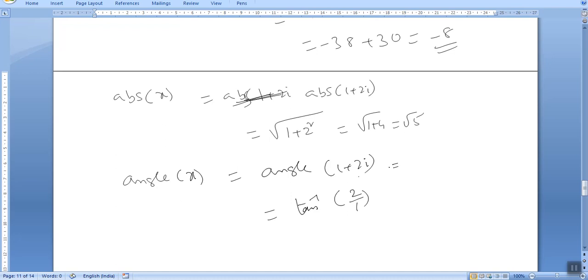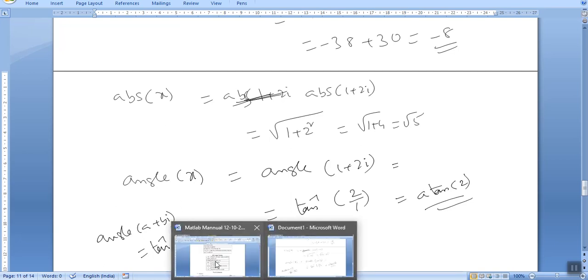So angle of a plus bi is tan inverse of b by a. In MATLAB, our command is atan2, and you will get the required value.